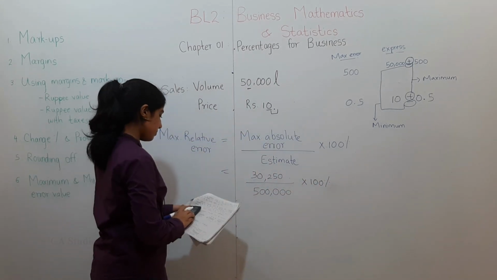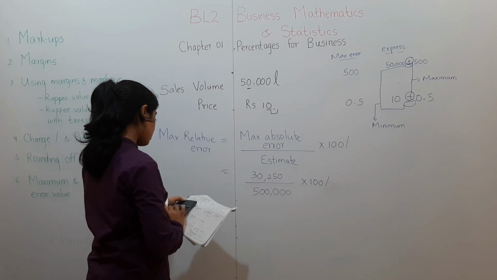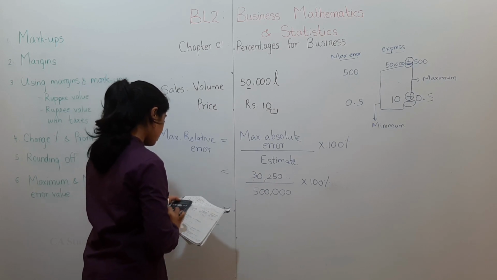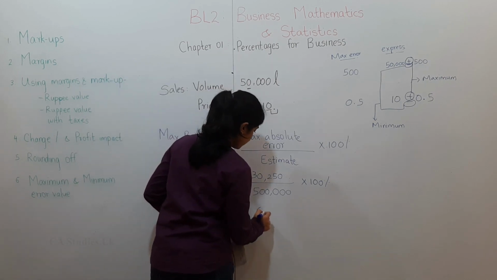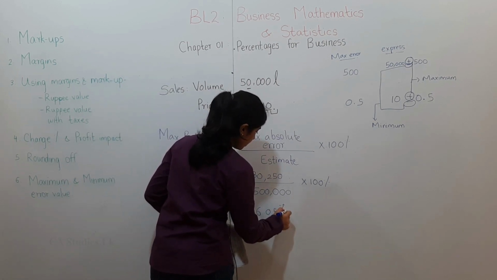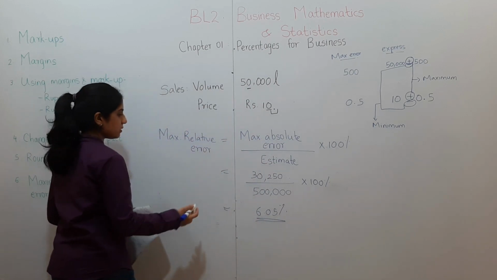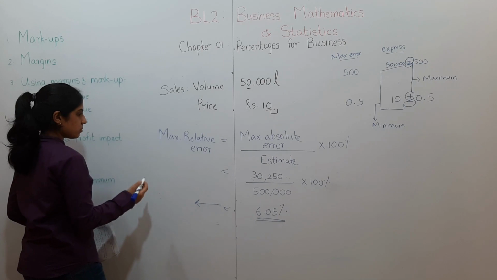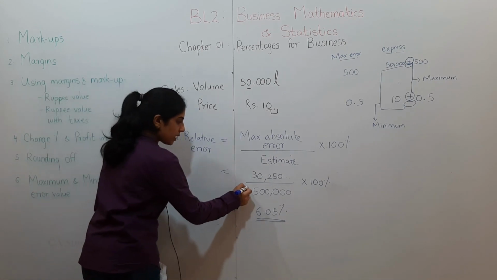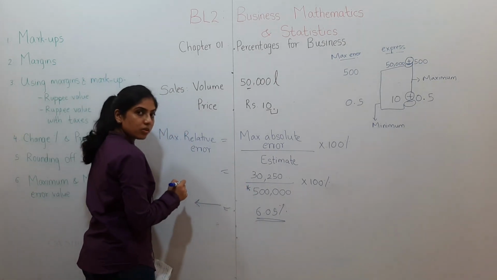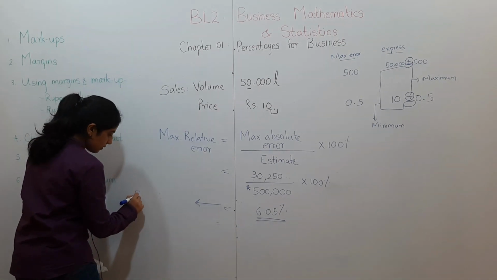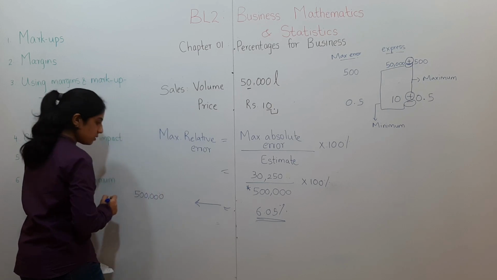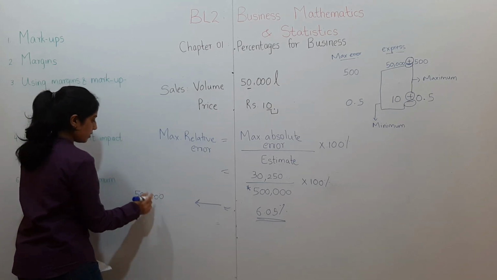It will be 30,250 divided by 500,000 into 100, 6.05%. Now, how will you write it? Express it as, it is for this 500,000 revenue. So revenue is our base. Our original value is not original, the estimate value is 500,000 revenue.